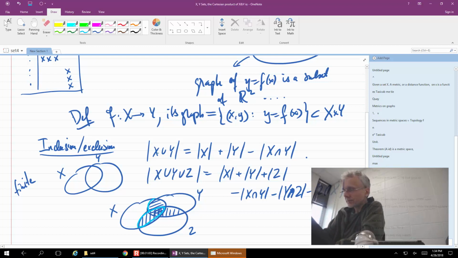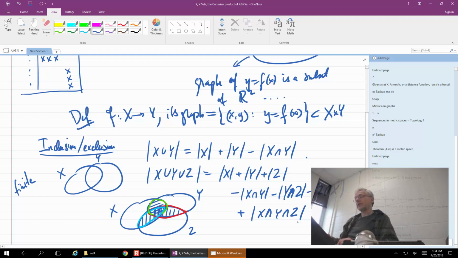You see the problem? You need to add the triple intersection? That's right, yes. Because I subtracted too much. I subtracted this one 3 times. So I have to add the triple intersection, right? So x intersection y intersection z.